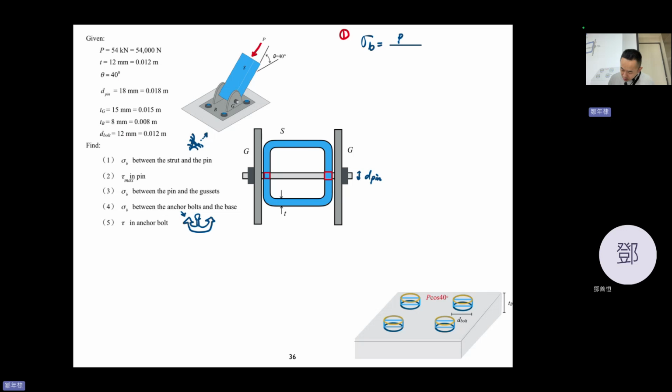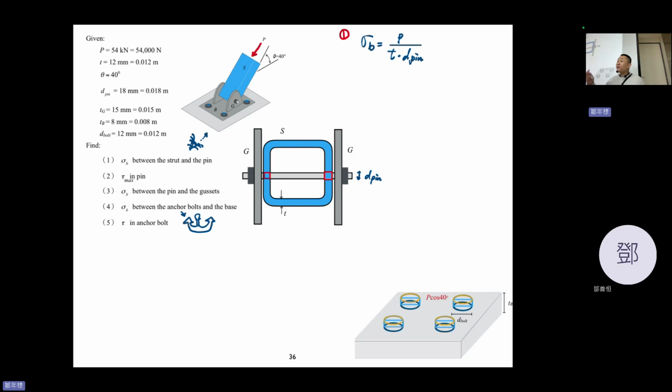What is the area of this red region? T times D pin, right?